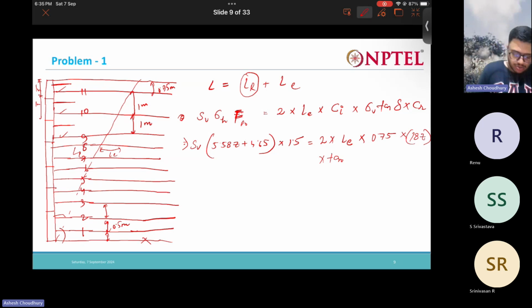So we are going to consider tan of 32 times the CR. It is 0.8, also given. CR is the coverage ratio, since not all of the out of plane direction is covered by the geogrid. From here, if you rearrange the terms, you will get LE.